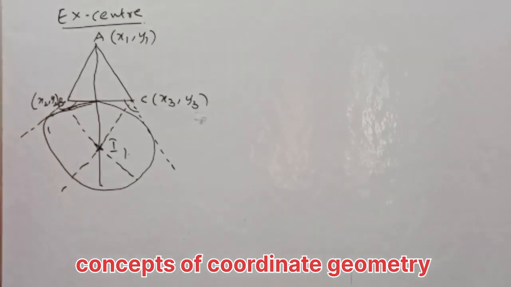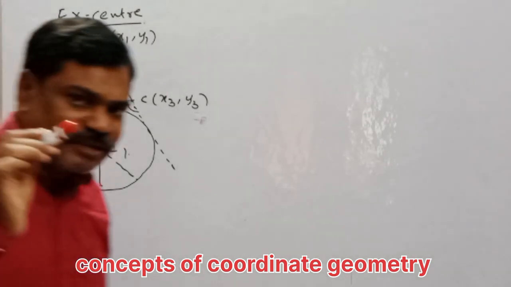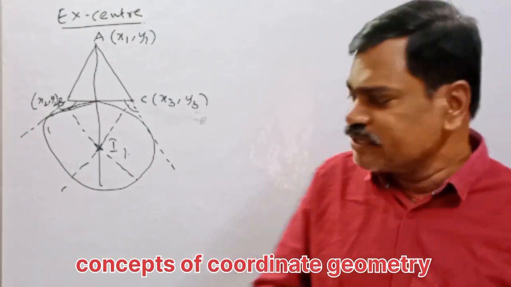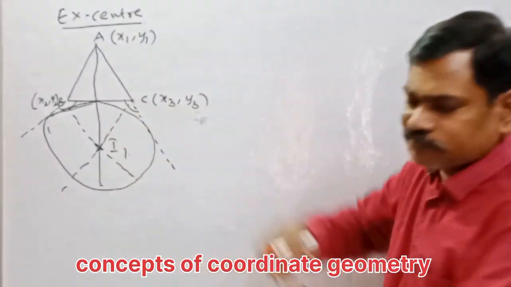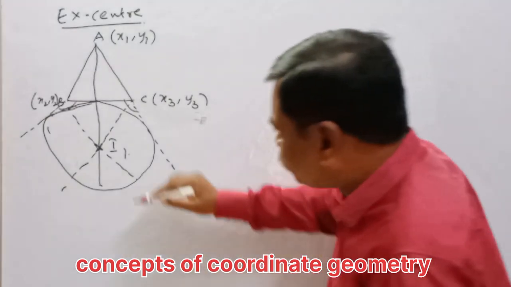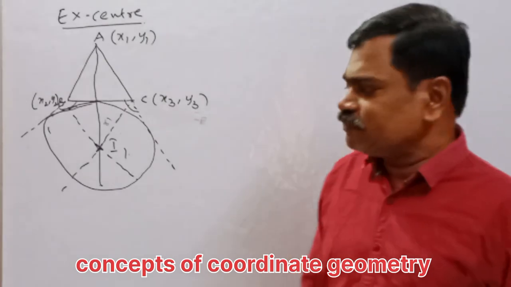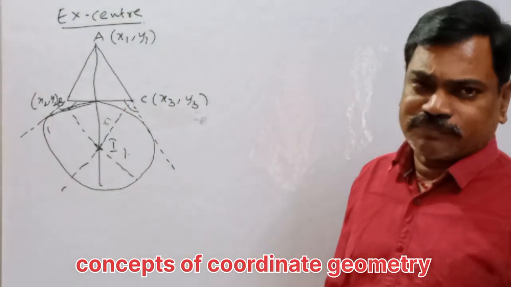Like this. This is the excenter of the triangle opposite to vertex A, and it is represented by I1. The radius of this excircle is R1.